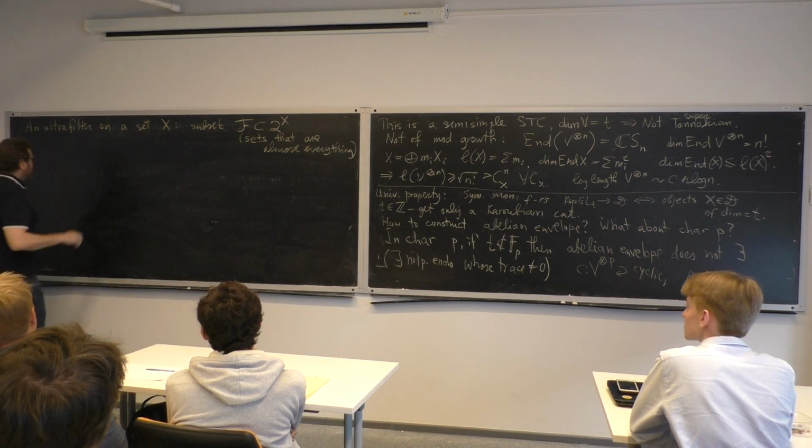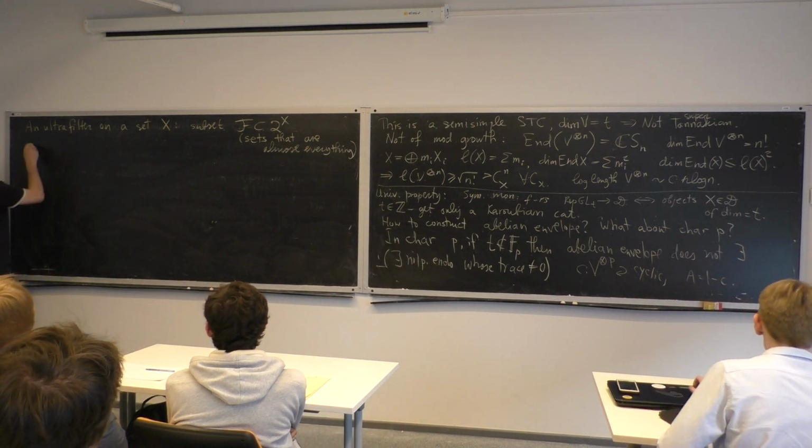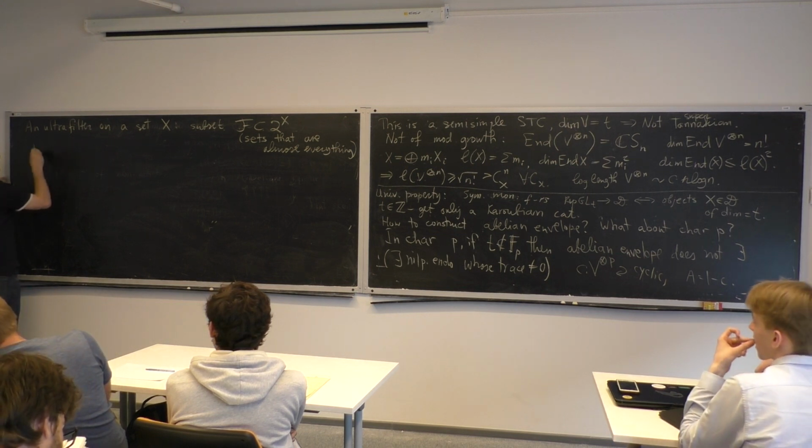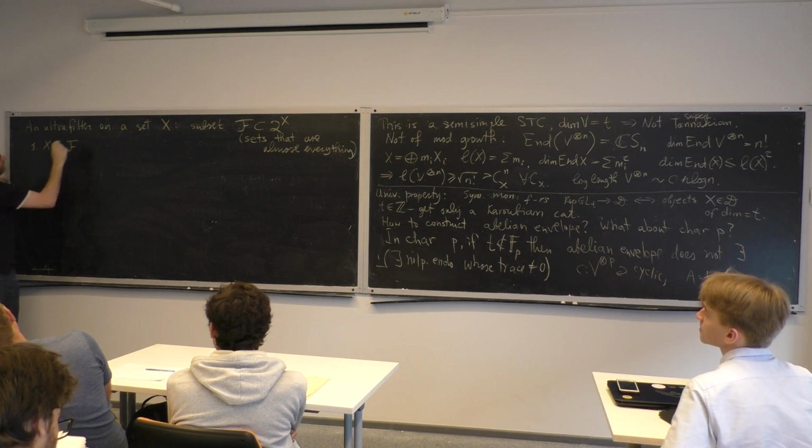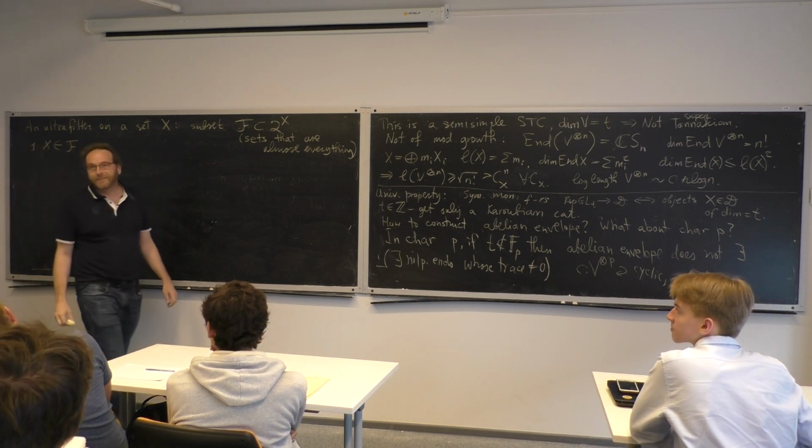And there are just 4 simple axioms. The first axiom is that the whole set is in F. So everything is almost everything.